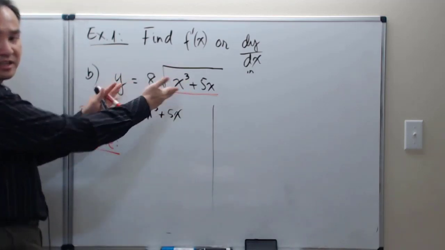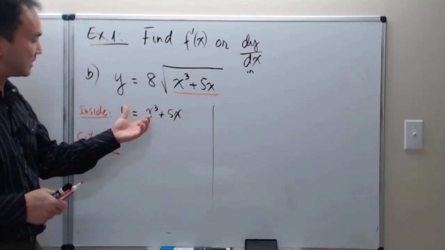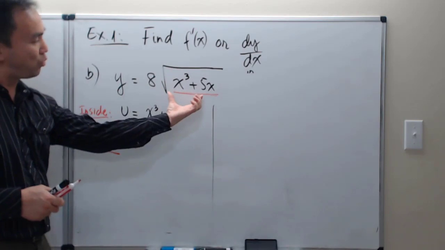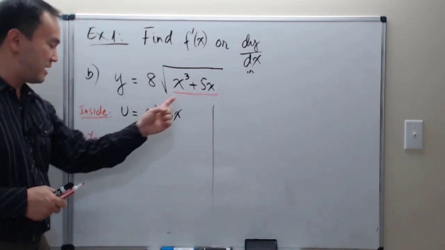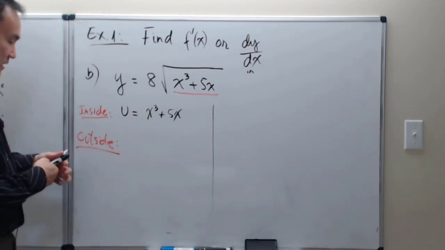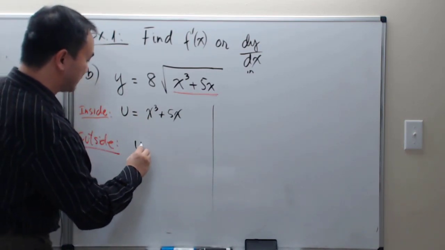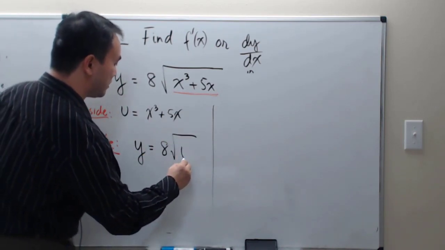Allow me to start speeding up the process a little bit. Once we substitute this expression inside the square root away by the u variable, what remains here is y equals 8 times square root of u.